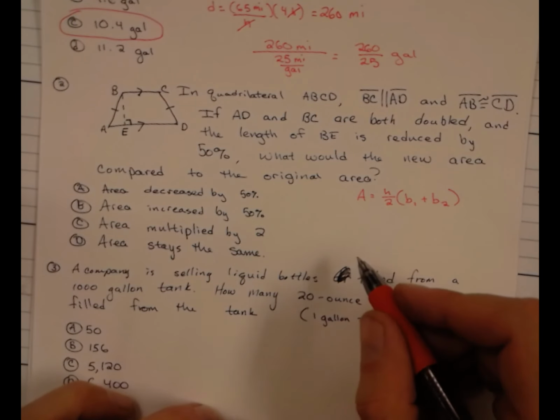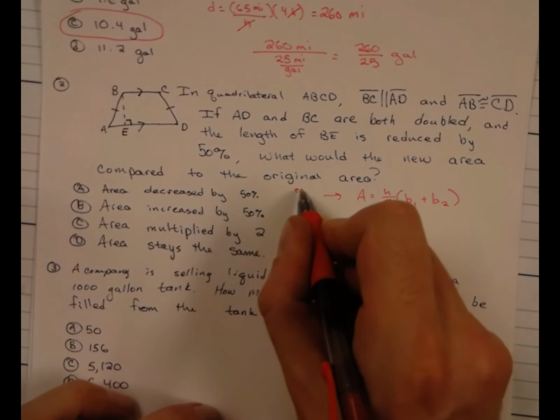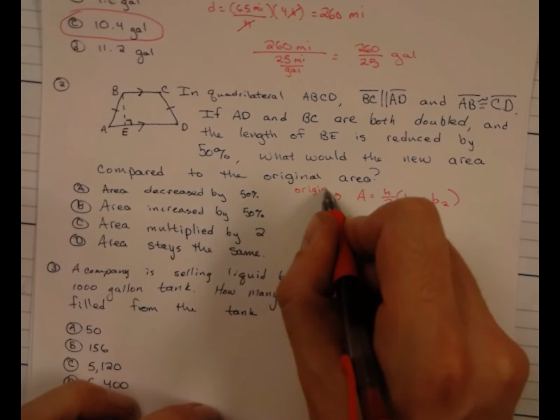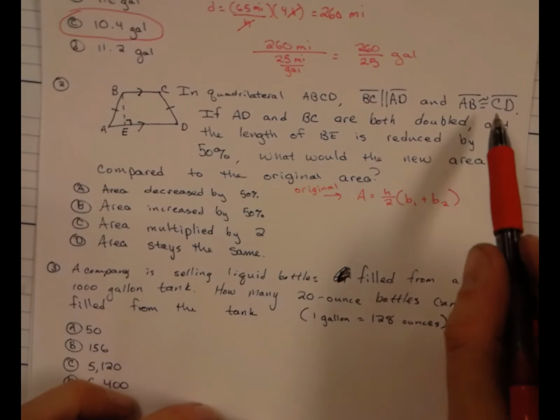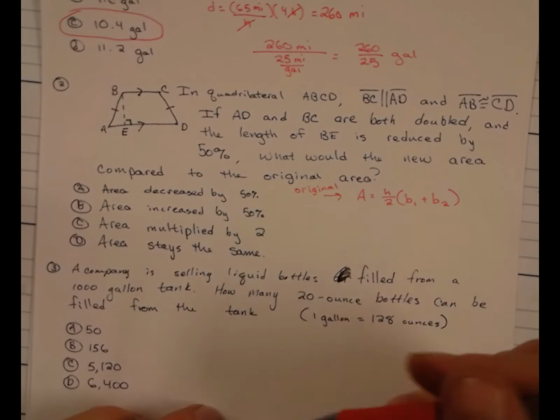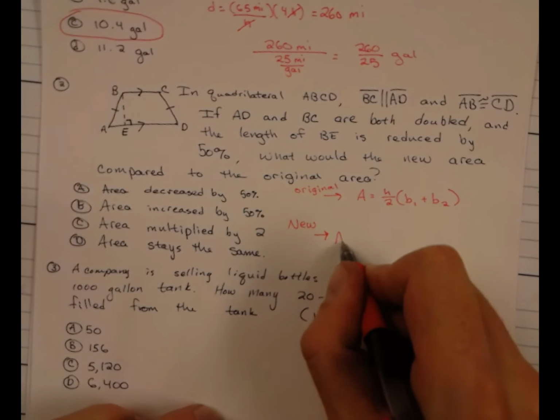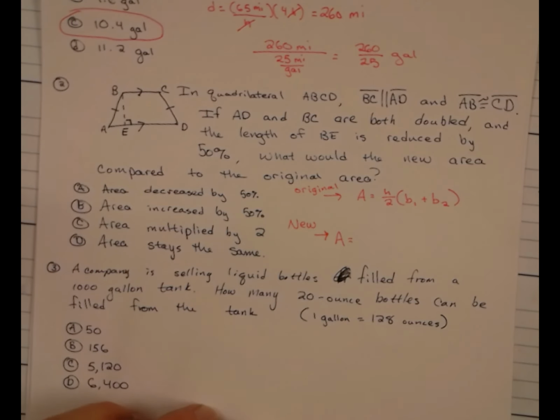But what we can do is, if this is our original, we can just change the dimensions like the problem says and then simplify. And we will see what area ends up equaling.